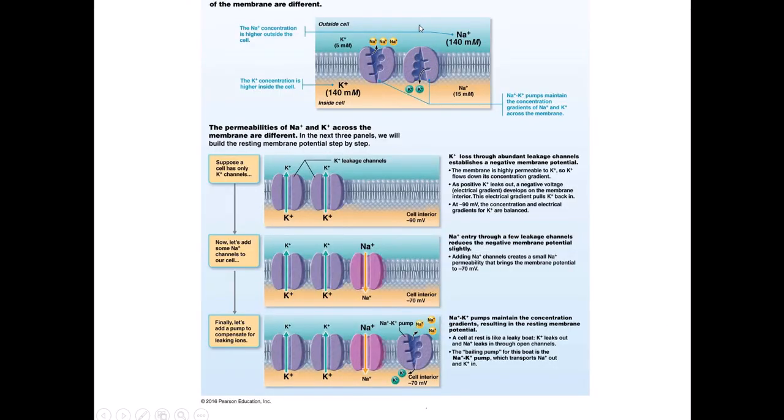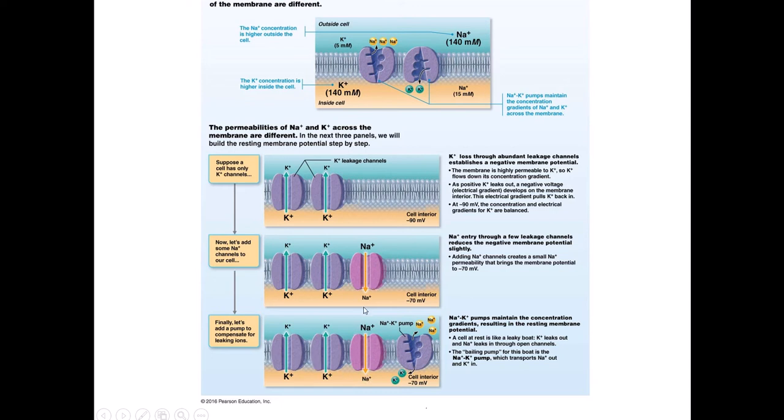So we have a higher sodium concentration outside the cell and a higher potassium concentration inside the cell. The potassium diffuses out, the sodium diffuses in, just down their concentration gradients, through leaky ion channels that are open all the time, allowing these two ions to move. But you'll see we have many more potassium channels than sodium channels.